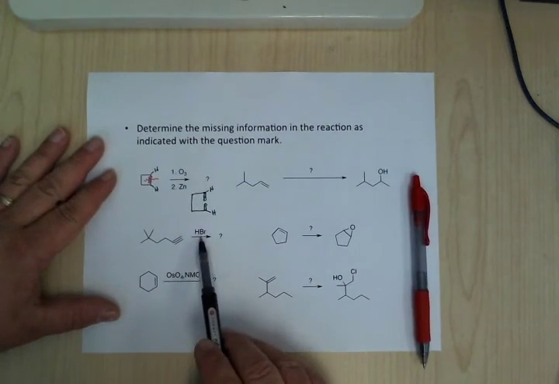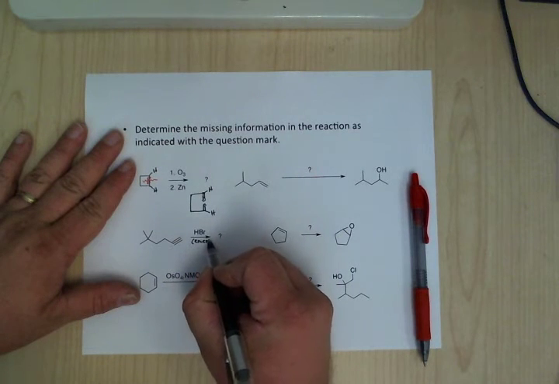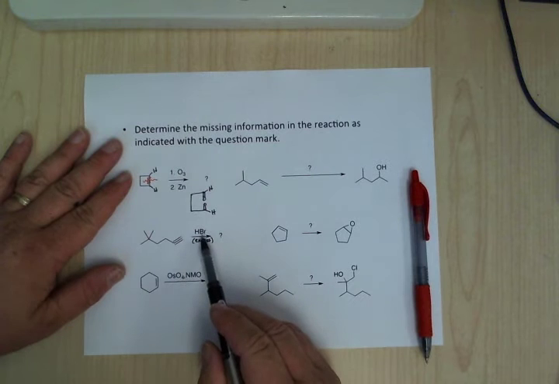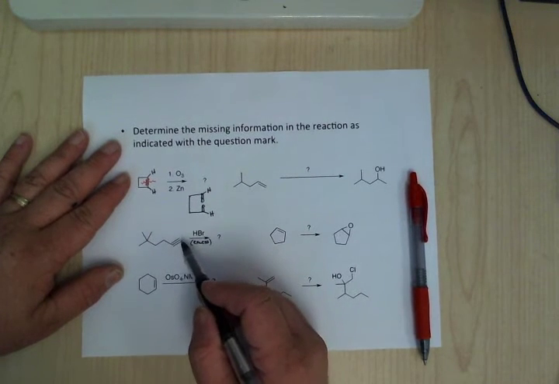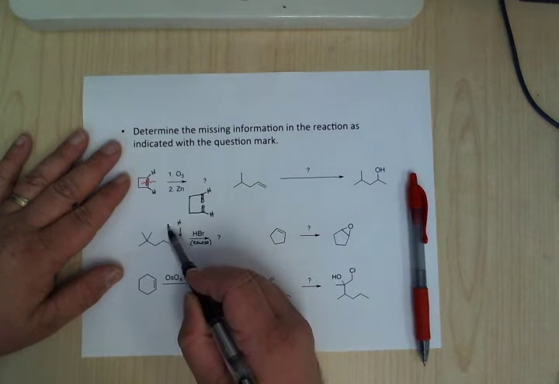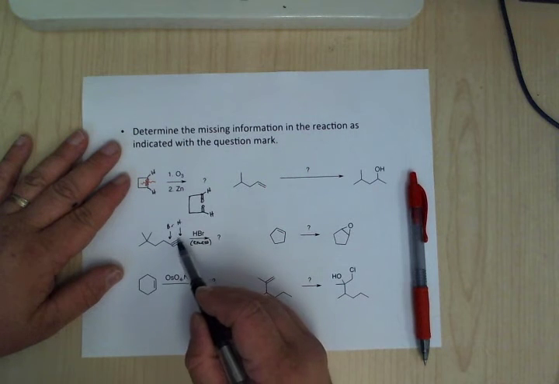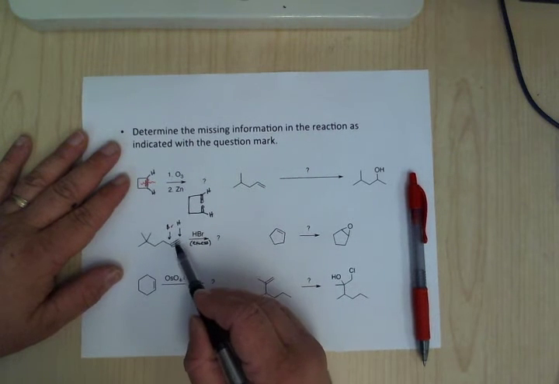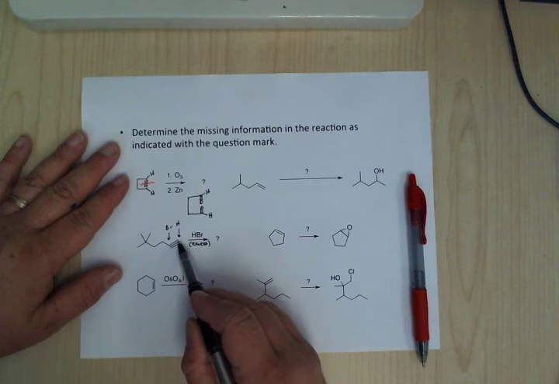Now for this one, HBr, this would actually be an excess. So what we're adding to here, the hydrogens are going to go here, the bromines are going to go there. Because in this case, this is going to attack the hydrogen to leave a positive charge behind, and this is primary.